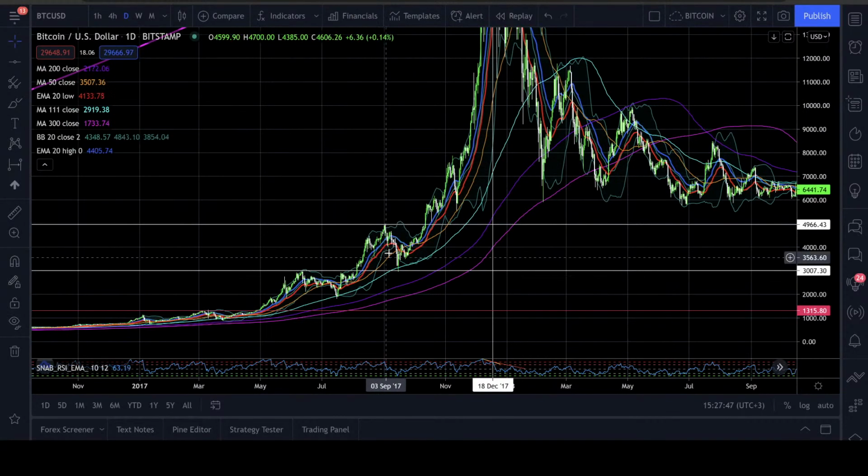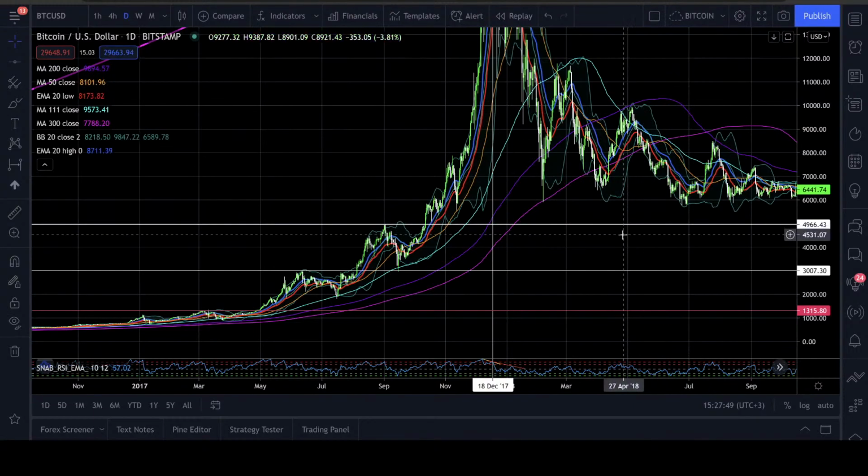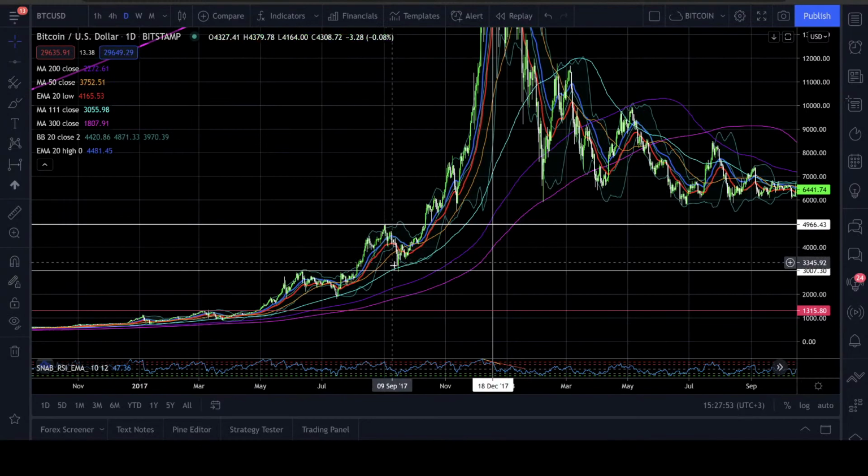The difference between this and the current crash is, see this drop here? This is a dip, because a dip is any drop that is less than 50%. If anyone knows the basics of trading or Fibonacci retracement, anything less than 50% is considered a retracement.